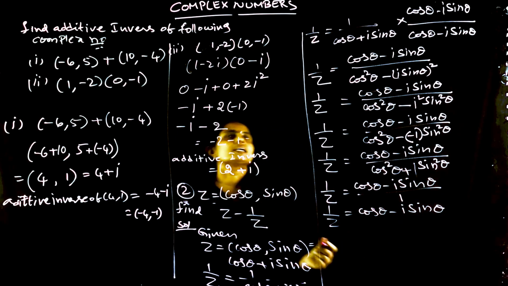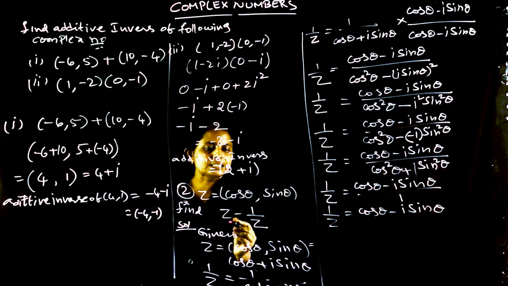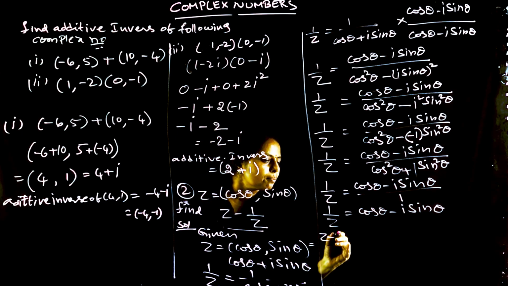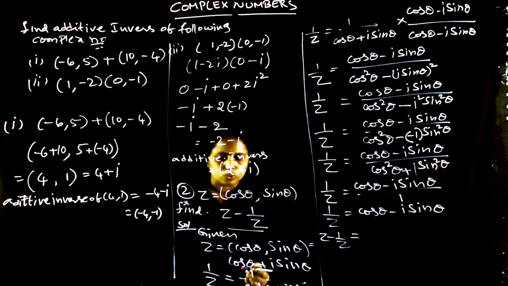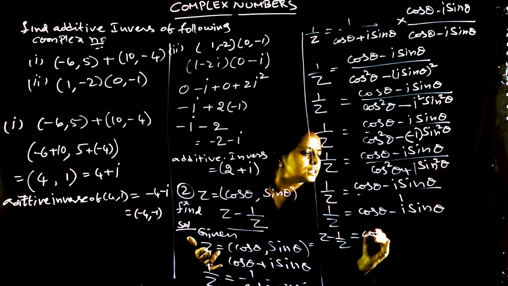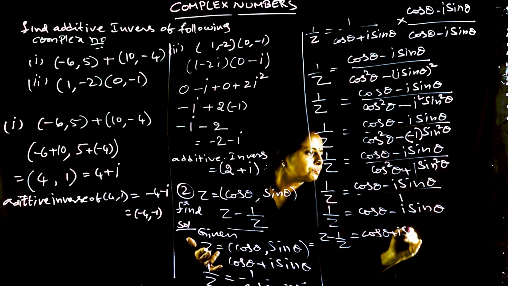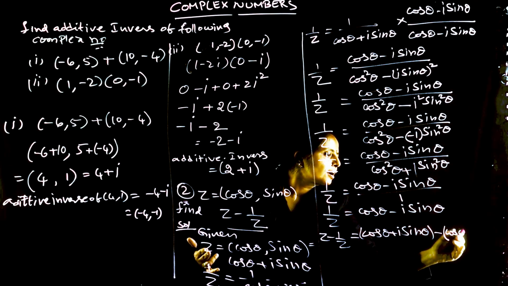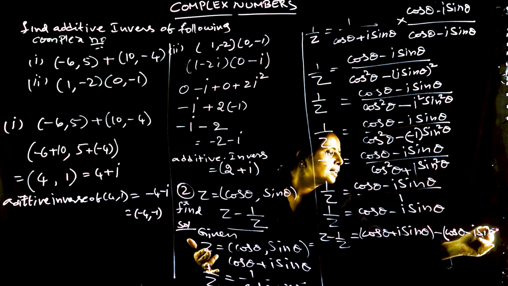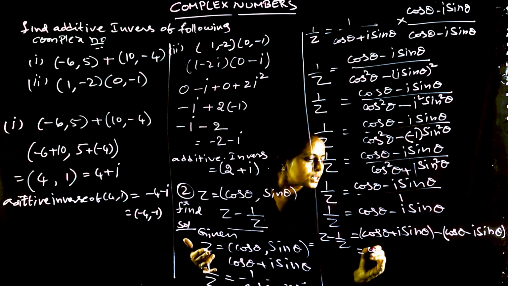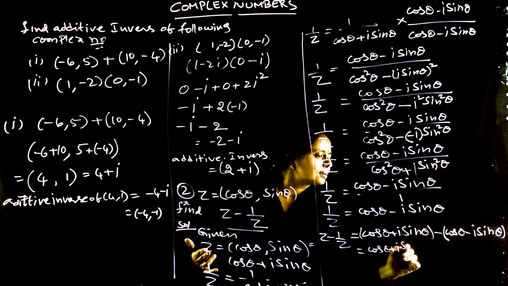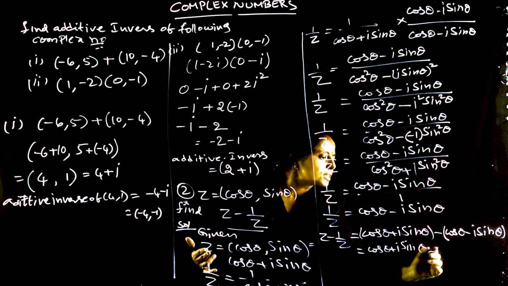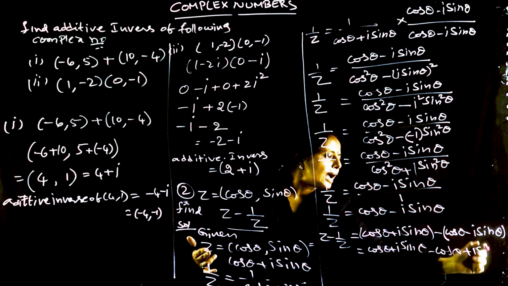Now let us calculate the value of z minus 1 by z. So z minus 1 by z will be equal to value of z is cos theta plus i sin theta minus cos theta minus i sin theta. So this is cos theta plus i sin theta minus cos theta minus into minus plus i sin theta.